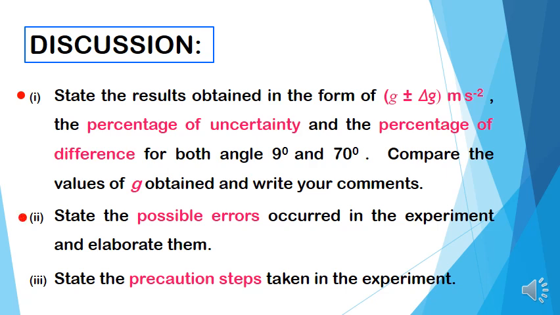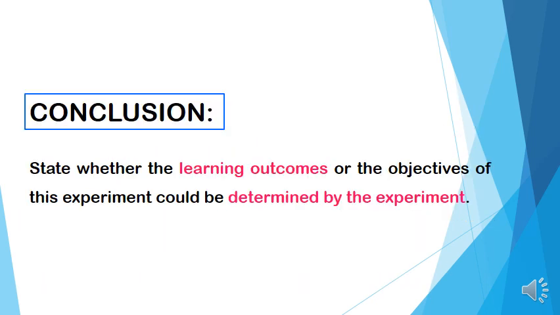State the possible errors occur in the experiment and elaborate them. Roman 3. State the precaution steps taken in the experiment. Last but not the least, the conclusion. State whether the learning outcomes or the objectives of this experiment could be determined by the experiment.